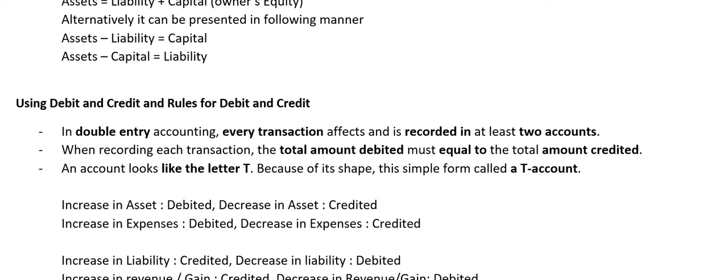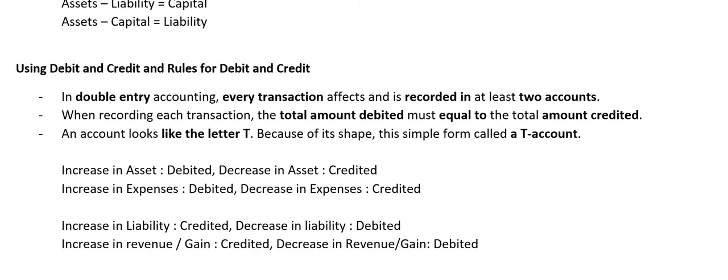Any transaction which is increasing my asset should be debited. Any transaction which is decreasing my asset must be credited. Increase in expense to be debited, decrease in expense to be credited. Increase in liability must be credited, decrease in liability to be debited. Increase in revenue to be credited, decrease in revenue to be debited.